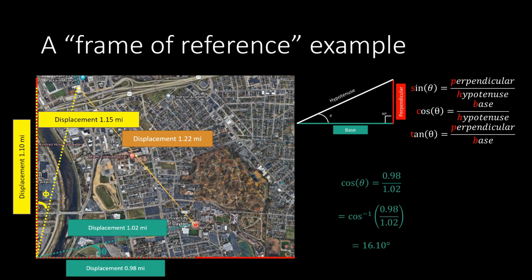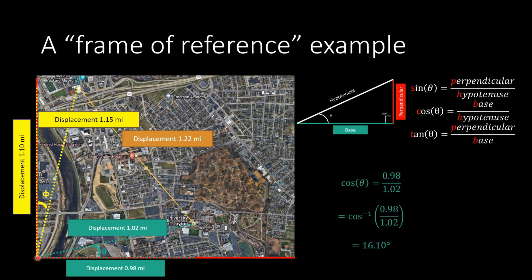Remember we're talking about right angle triangles, and since this point lies vertically below the University of Dayton point, this forms a 90-degree angle here. I can take a cos inverse, which gives me a 16.1 degree measurement for my theta angle.